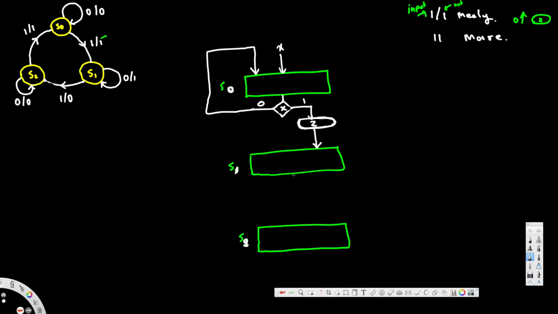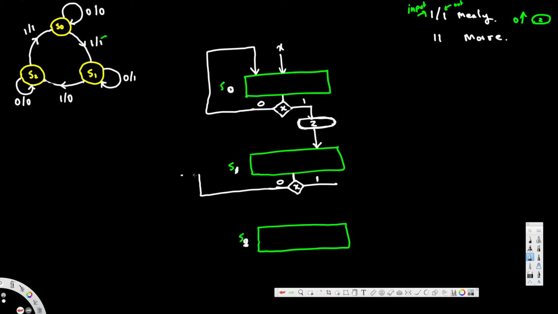Now let's go to S1. X. And here we have two decisions, 0 and 1. Then from S1, when the input is 0, output is 1, and it goes back to S1.